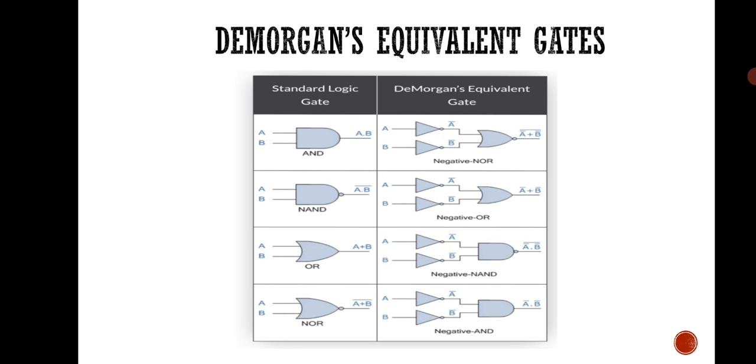The third one is the OR gate, which can be realized using this negative NAND gate. The last one is the NOR gate, and similarly it is equivalent to the negative AND gate which is represented over here. Okay, this is just a brief introduction about how De Morgan's equivalent gates look when we compare them with the standard gates. Okay, this is a brief introduction, guys.